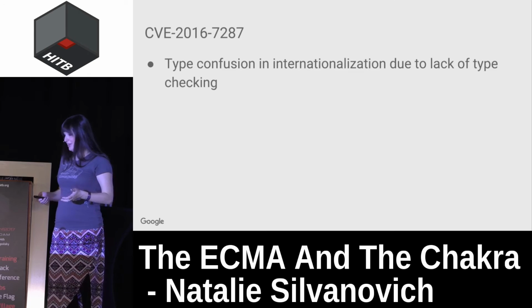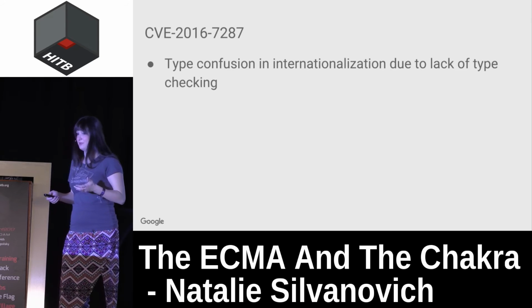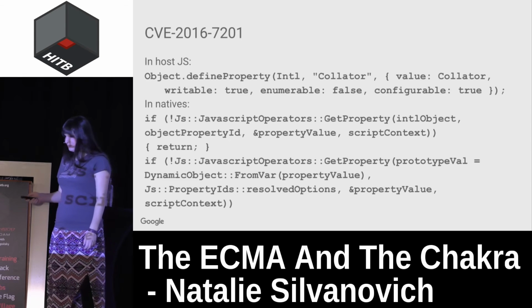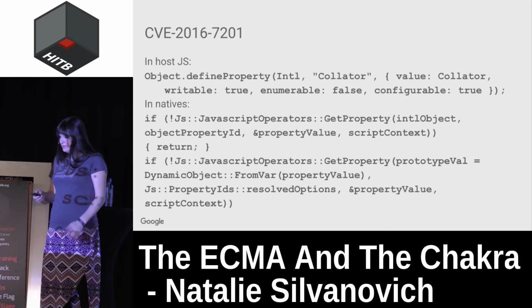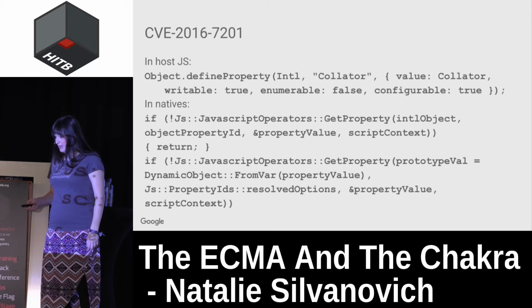So here's an example of a bug in internationalization due to this lack of type checking and the ability to tamper with script. Here's the code from Chakra. In the host JavaScript, so this isn't my JavaScript, this is Chakra's JavaScript, they define a property called collator.